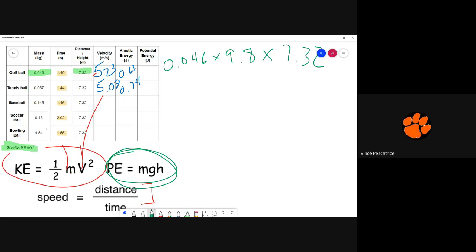Again, please excuse my handwriting on here. It's hard to do on a touch screen. So 0.046 times 9.8 times 7.32. So the potential energy I calculated would be, I'm going to round up to 3.3. All right, and that goes here.